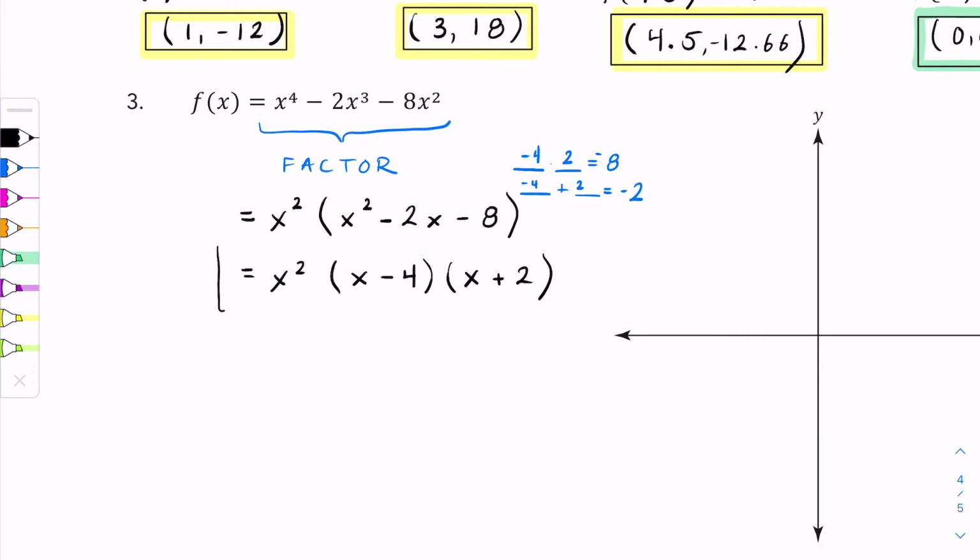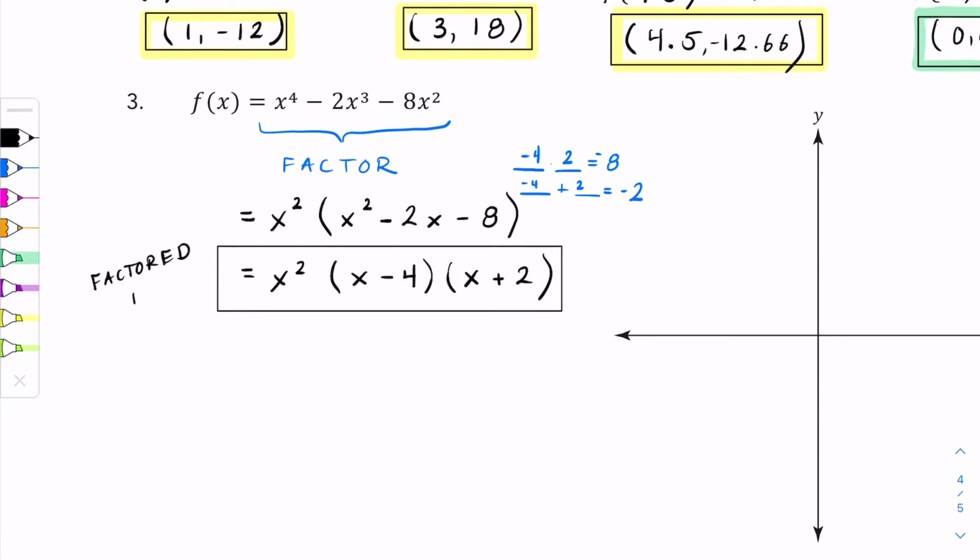Okay, this here is our factored expression. And this one up here would be in standard form, just to review the different formats.